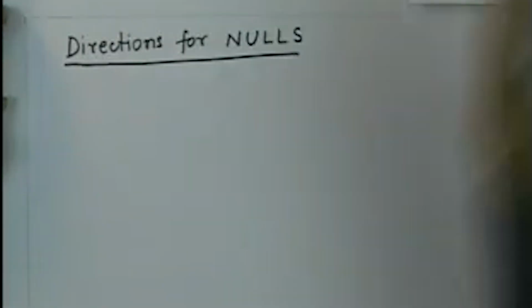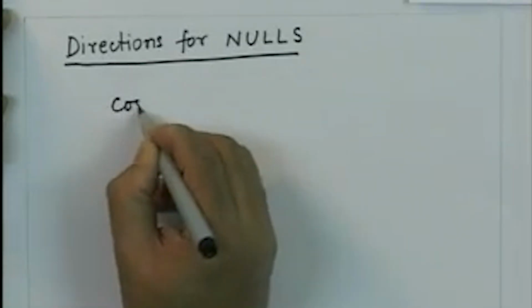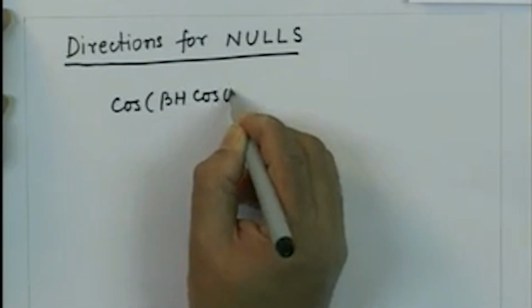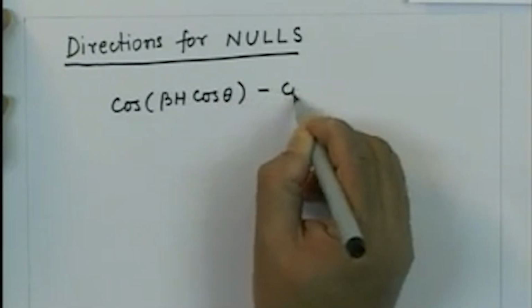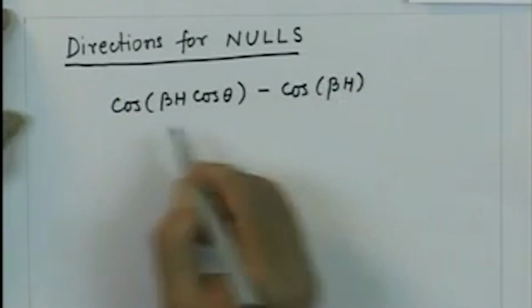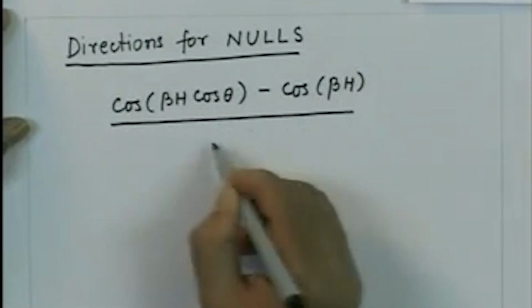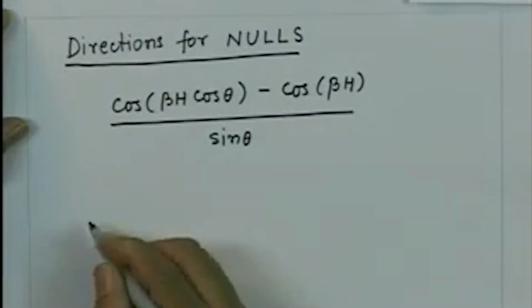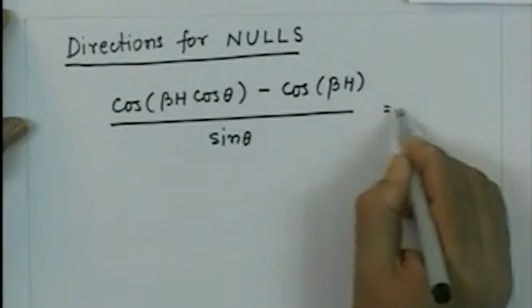So, I can get this by [cos(βh cos θ) − cos(βh)] / sin θ equal to 0.